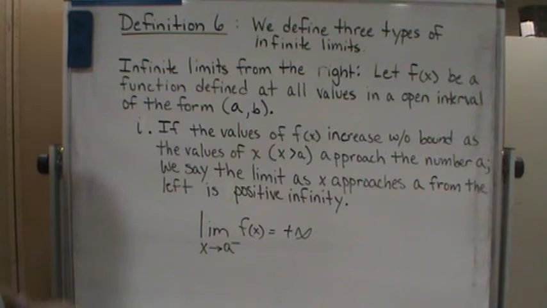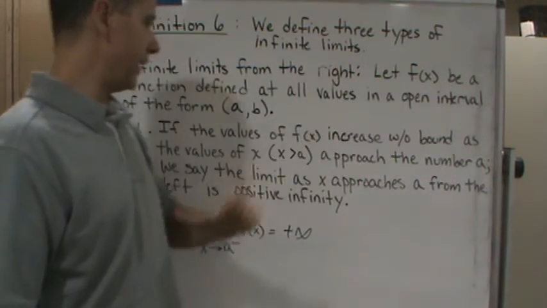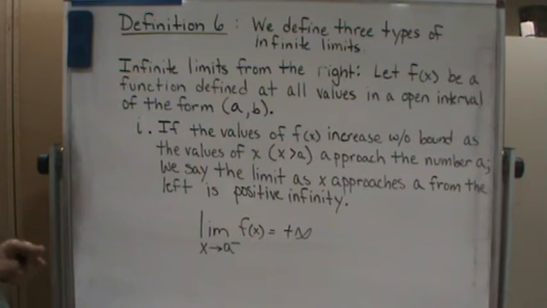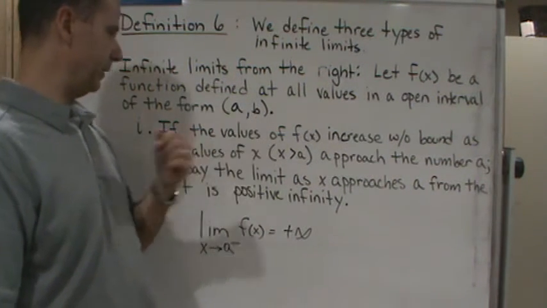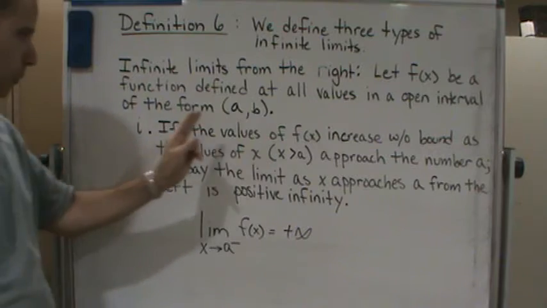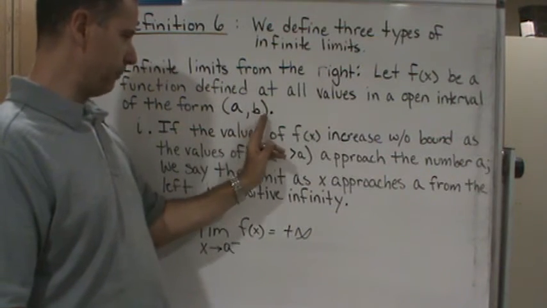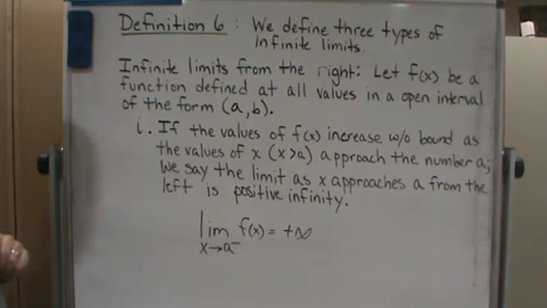If we're talking about infinite limits from the right, then again, we have a function that is defined at all values on the open interval from a to b. Now we're talking about approaching a from the right side.